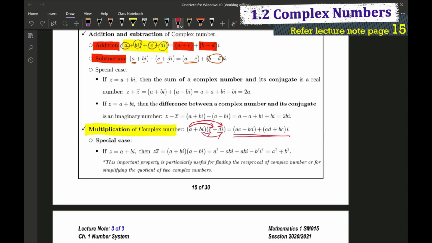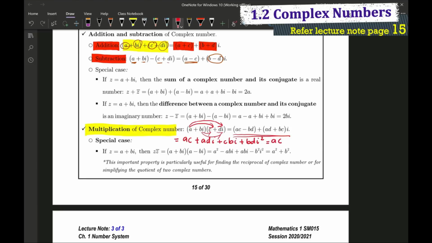How to get this? We get AC plus ADi plus CBi plus BDi squared, and i squared is equal to -1, right?